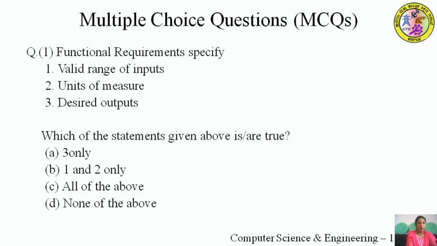Option A, 3 only. Option B, 1 and 2 only. Option C, all of the above. Option D, none of the above. What is the correct answer for this question?